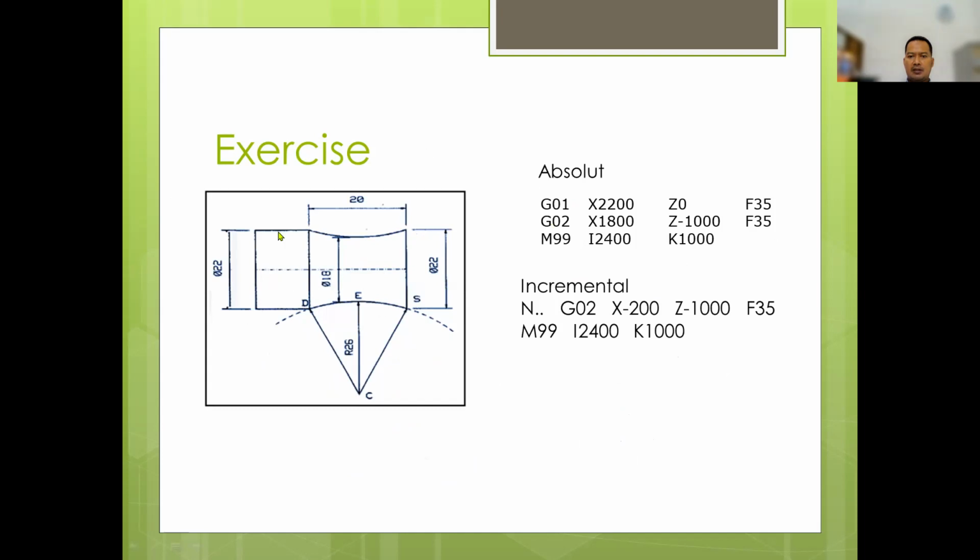And also for this one we already discussed last week. Actually, this is two processes. By using G02, for example this one, X is 18, and then Z is minus 10, and then with I is 24 because this is 2 millimeters. I will explain. So we see the distance, this one.